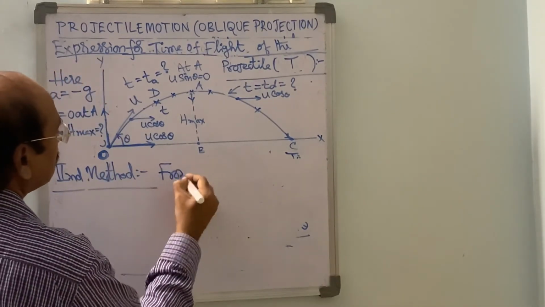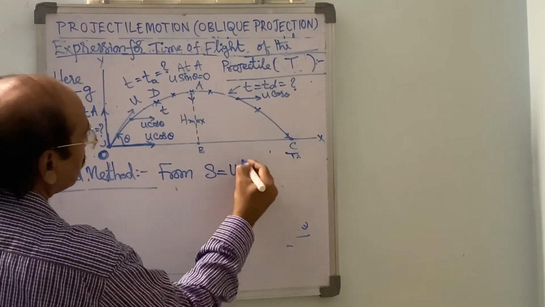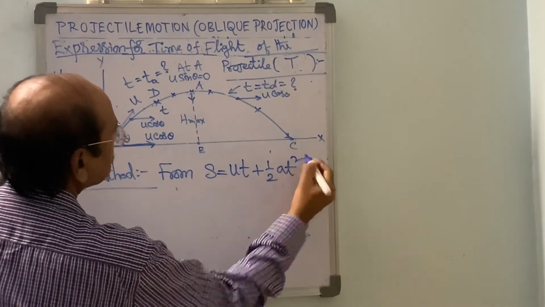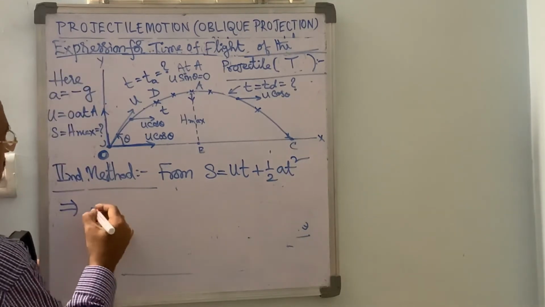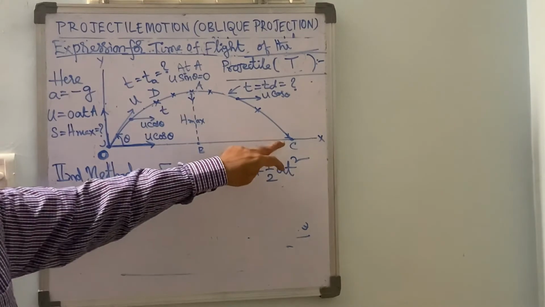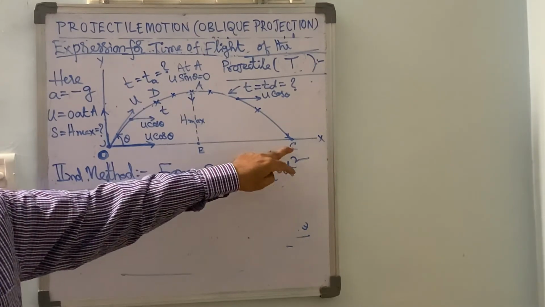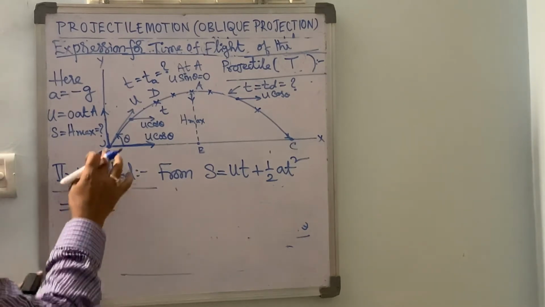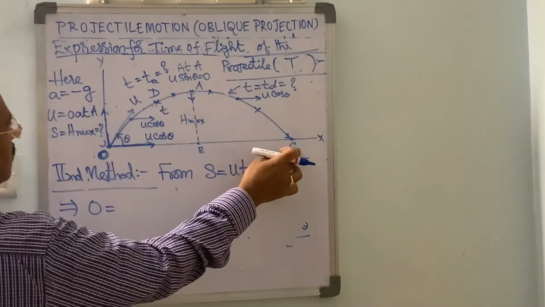From the equation s equal to ut plus half at square, the vertical displacement is 0 after the body reaches the point C after its projection from O. Again it reaches the ground C.